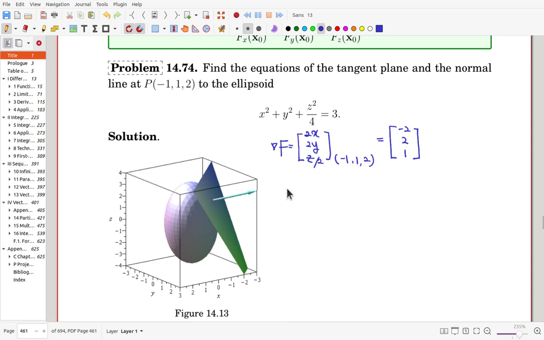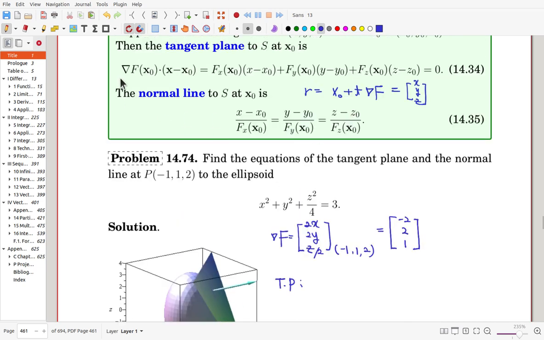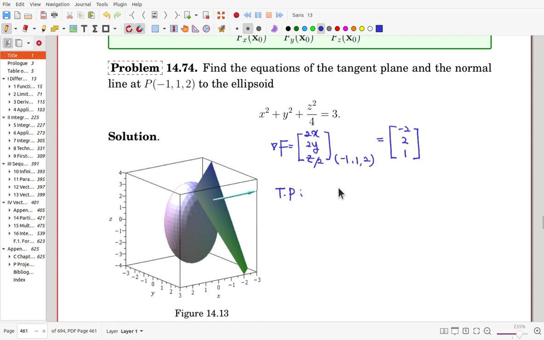So here the tangent plane should have this form: the normal vector dot (x minus x0). That is (-2, 2, 1) dot (x minus x0), where x0 is (-1, 1, 2).